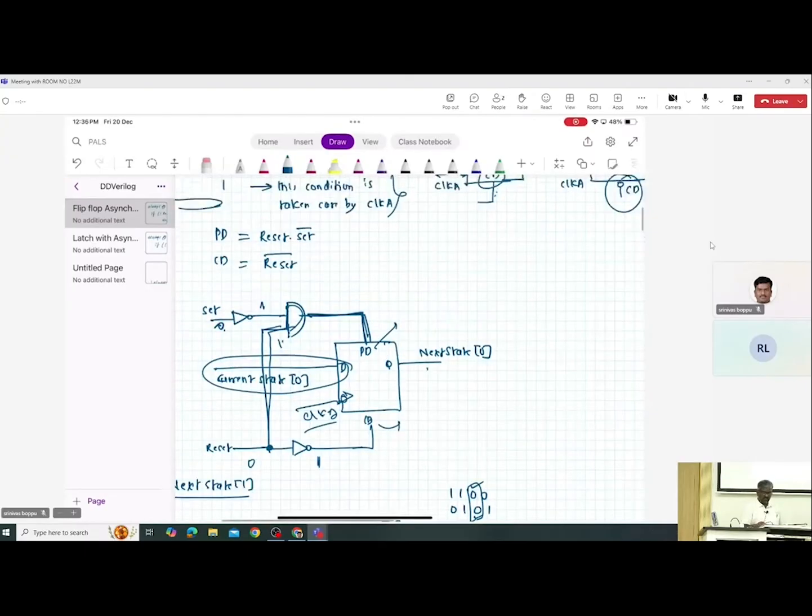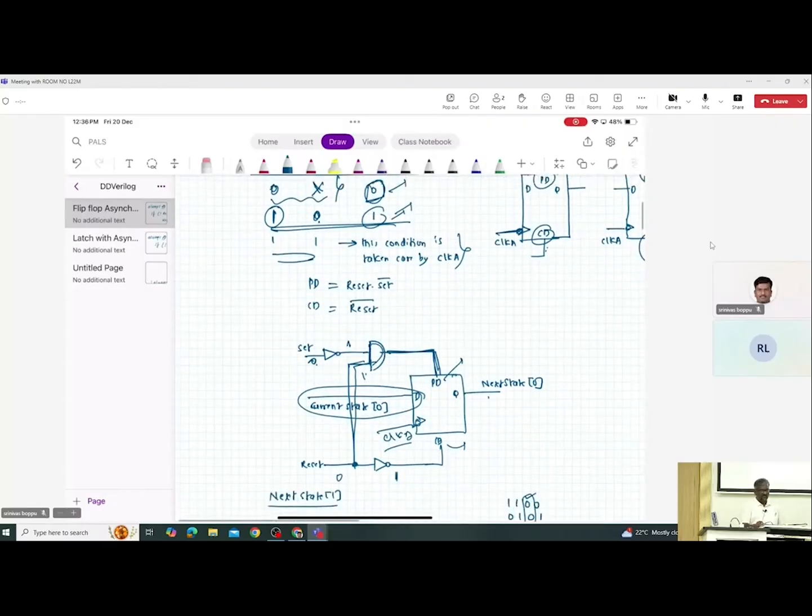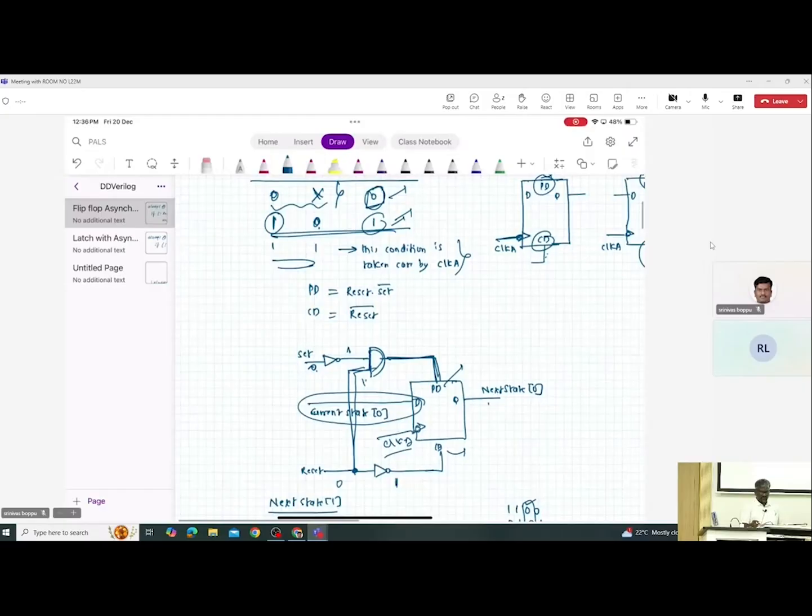So now we have this 0 condition and this 1 condition. So the preset, or let's say the reset or clear, we should take this condition. So what is that condition?